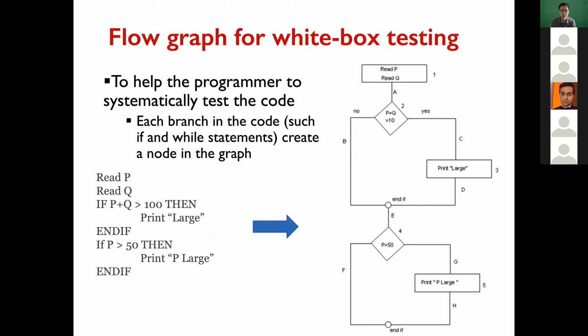If we want to test this piece of code using white box, how can we test it? We want to increase the coverage, right? So we want to test all the paths. We want to run the software and make sure the tests cover all possible paths, right?